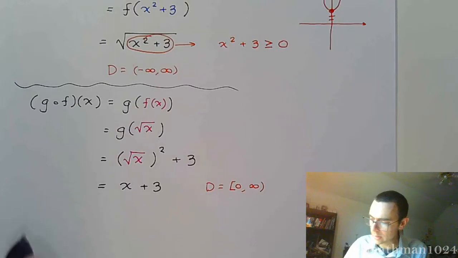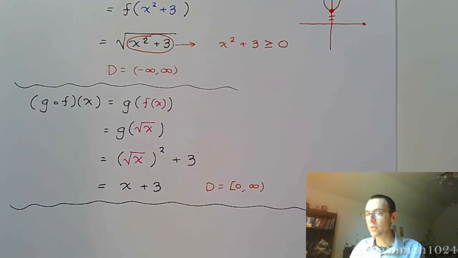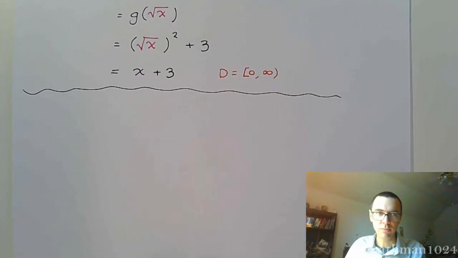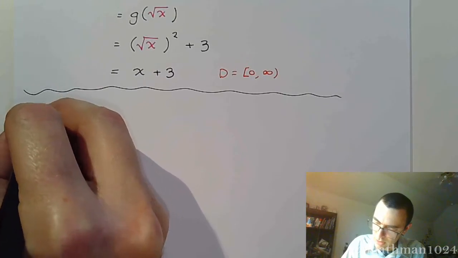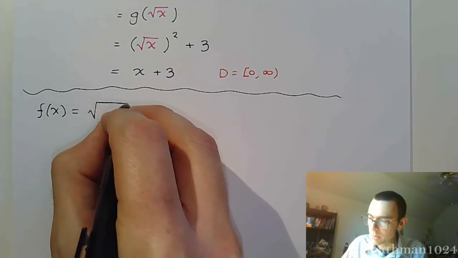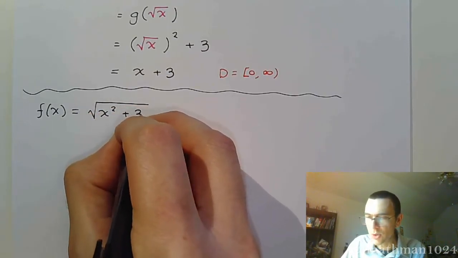Now, let me show you one of the ways that we end up dealing with these composition of functions. So suppose I have a function that is the composition that we had above, which was the square root of x squared plus 3.